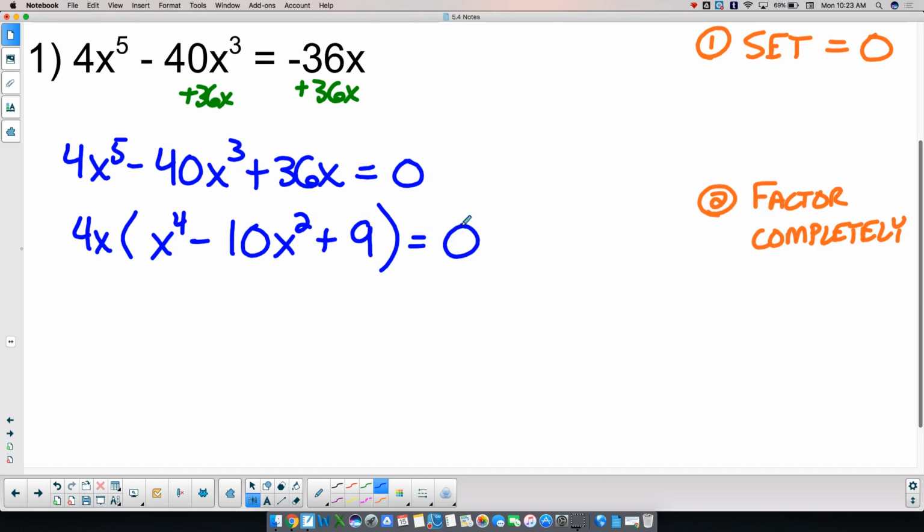So I've GCF'd it. Now I got to look inside that new set of parentheses. Is that a difference of perfect squares, which was number 2 on our checklist? No. Is it a trinomial? Yes. So can it be trinomialized? It can be.